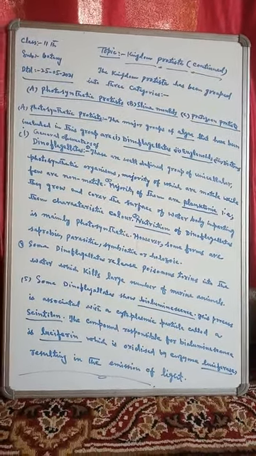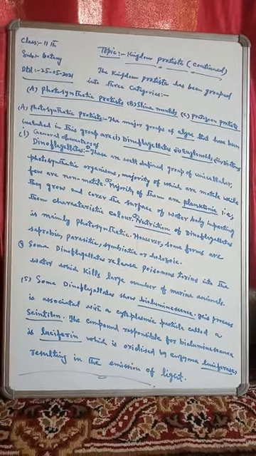The second general character of these dinoflagellates is that the majority of them are planktonic. Planktonic means they grow and cover the surface of the water body, imparting to it a characteristic color.